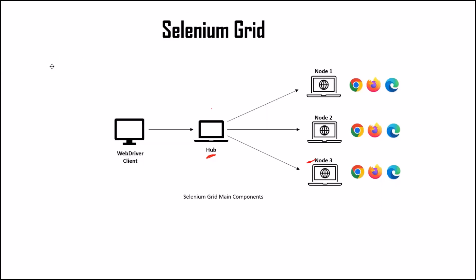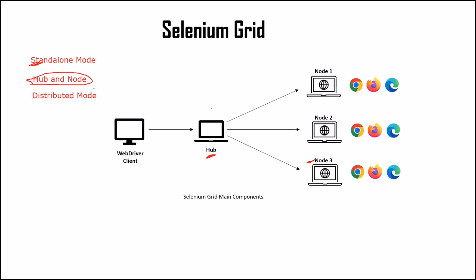The first mode is the standalone. The second one is Hub and Node. And the third one is distributed mode. So in my last video, we saw how we can set up a grid in standalone mode. Now today in this video, we'll see how we can set up the grid in Hub and Node.